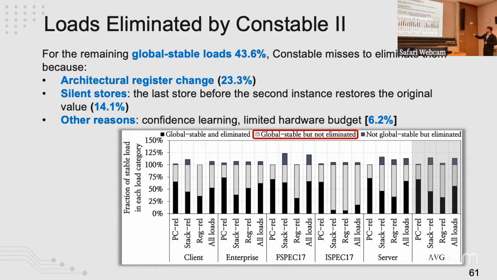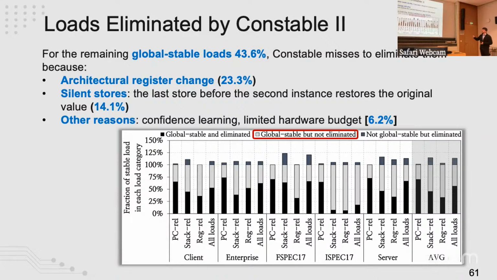Moving on, in the gray bars, we can see that some loads are global stable, but Constable fails to eliminate them. These are 43.6%, and the reasons behind Constable failing to eliminate them can be explained in the following points. The first and most significant one is that the architectural register changes between the two occurrences in 23% of the cases of the global stable loads.